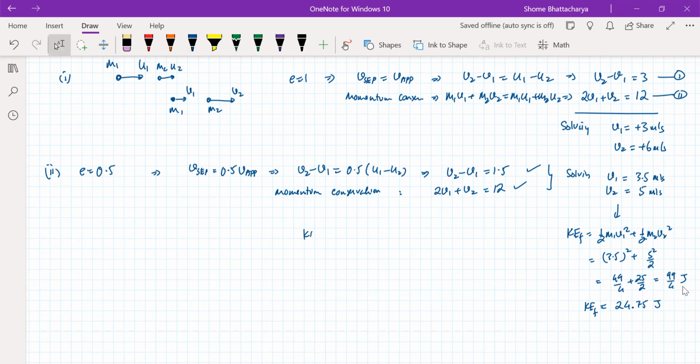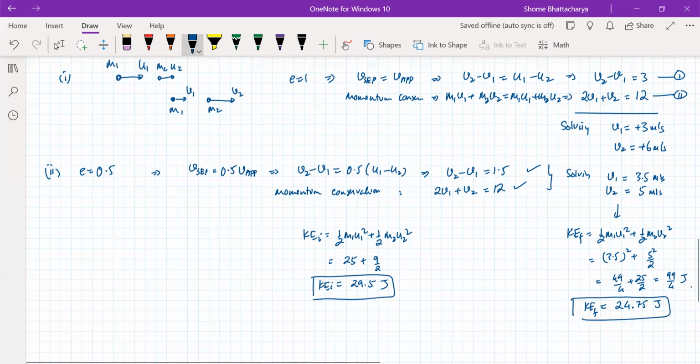Whereas the initial kinetic energy is equal to... So the loss in kinetic energy.